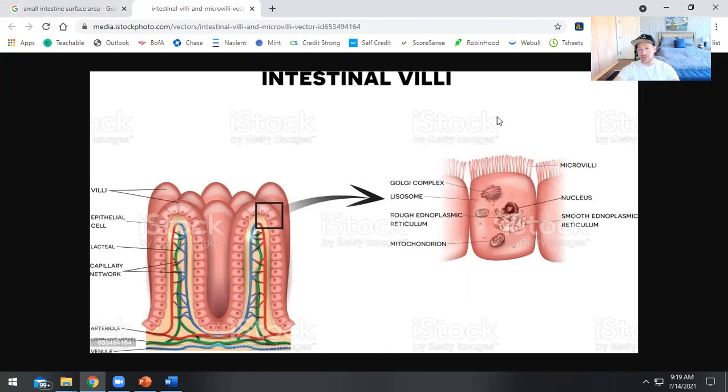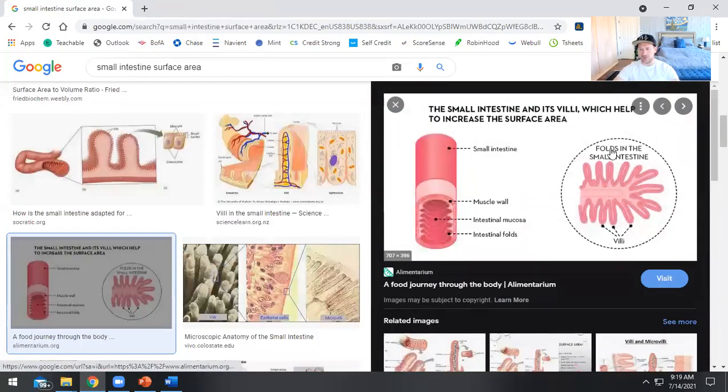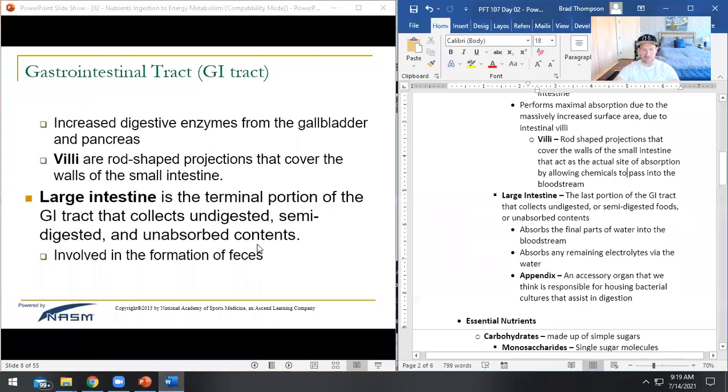Materials are able to actually pass into those cells and then they are handed off into the bloodstream. Once in the bloodstream, it gets sucked in and travels to wherever it happens to be going, like, let's get that glucose down to my legs because I'm doing some squats. You know what I mean? So that's what we're looking at in terms of increasing that surface area.